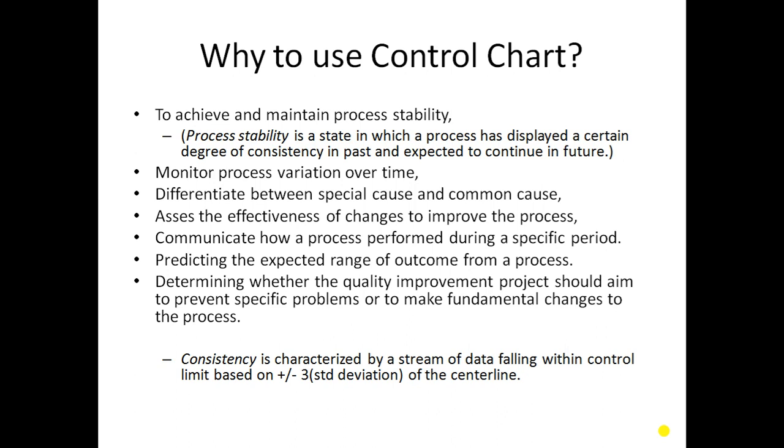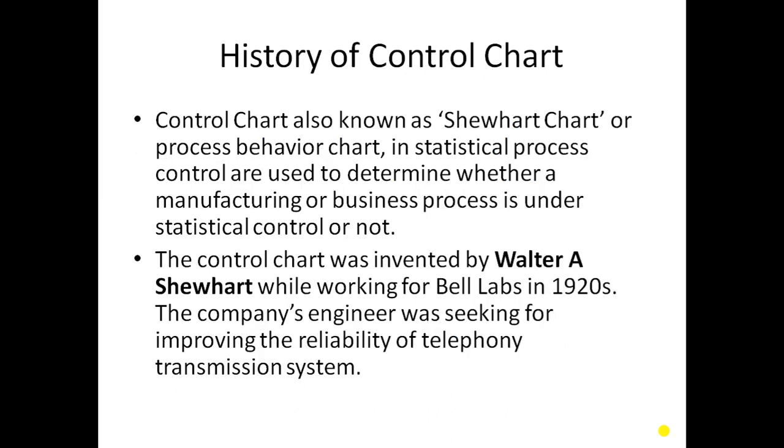Consistency is characterized by a stream of data falling within control limits based on ±3 standard deviation or ±3 sigma of the center line. That will come in later slides.